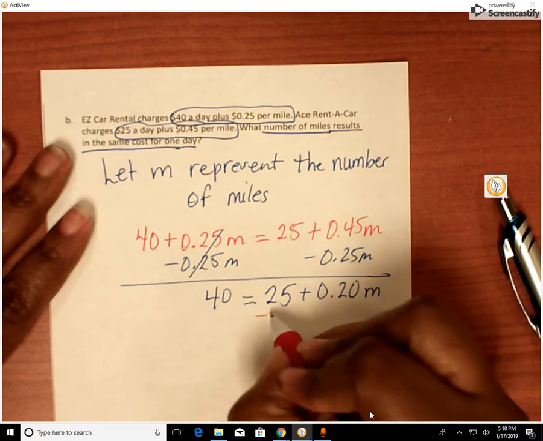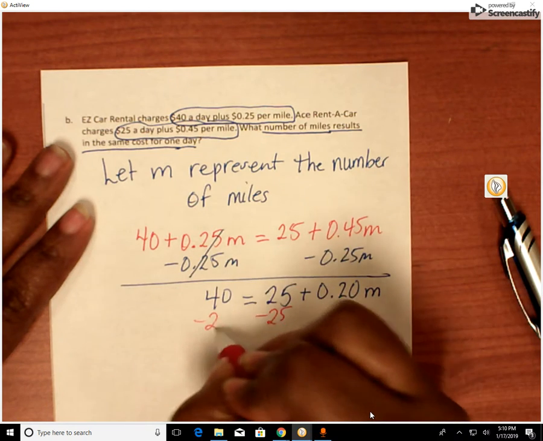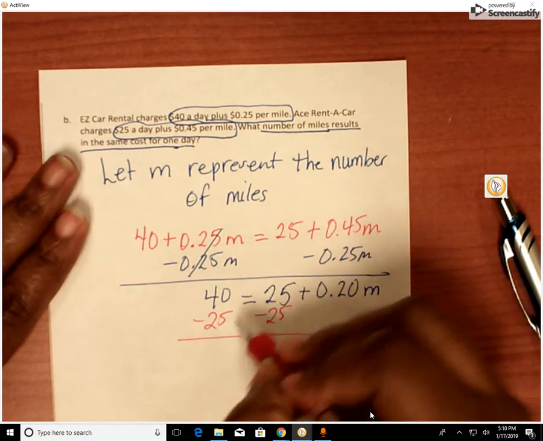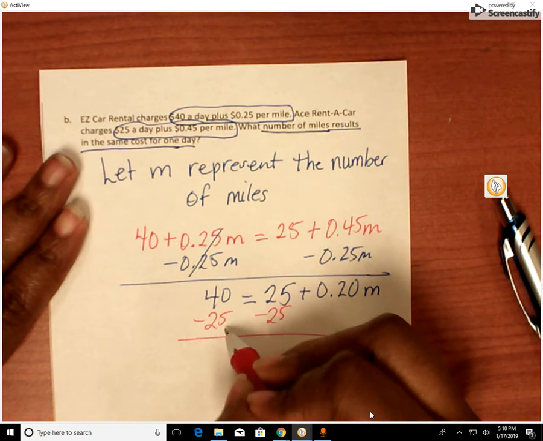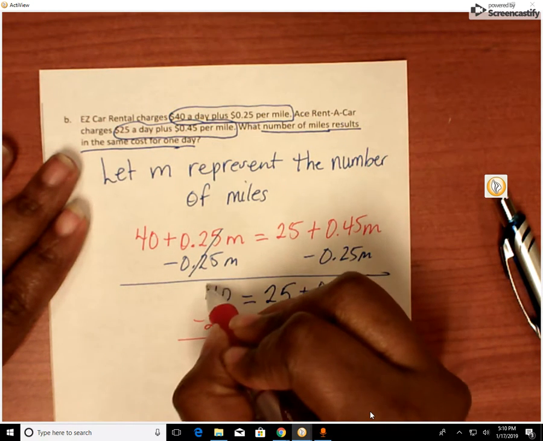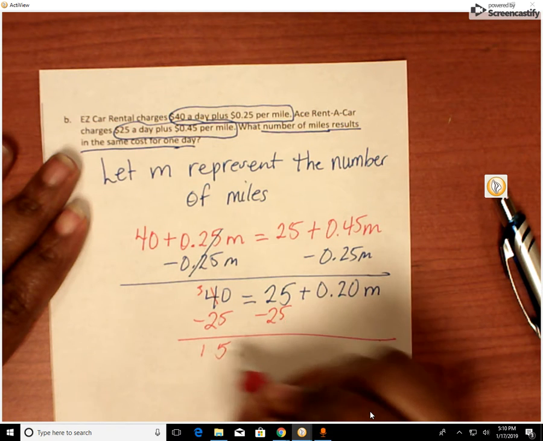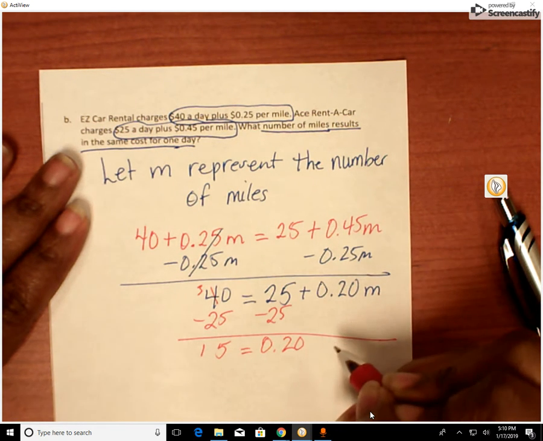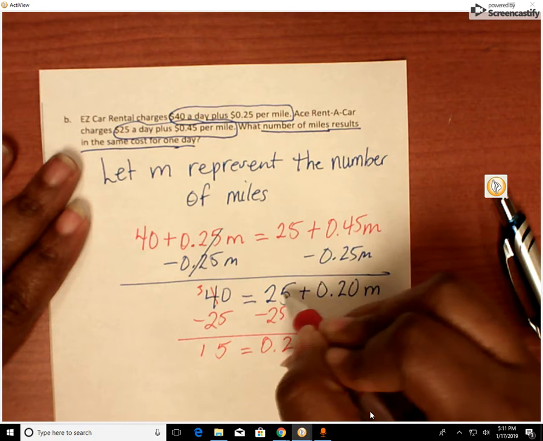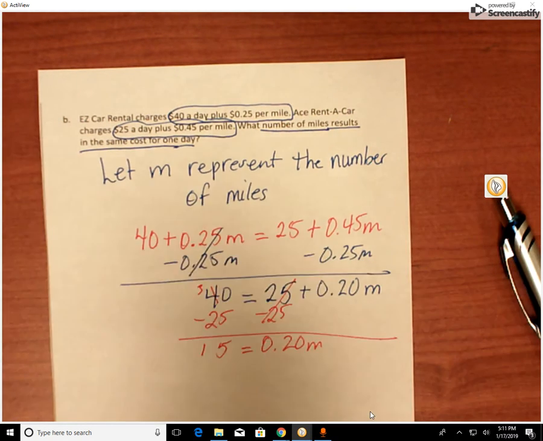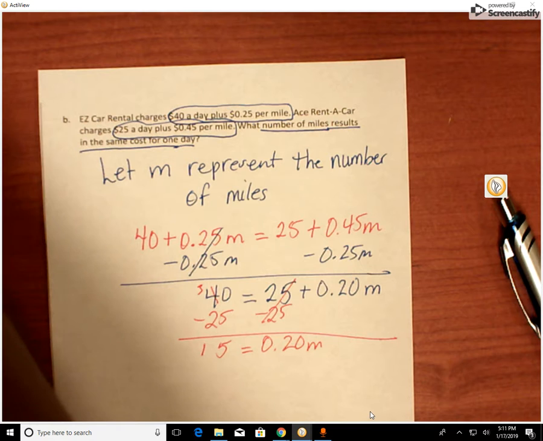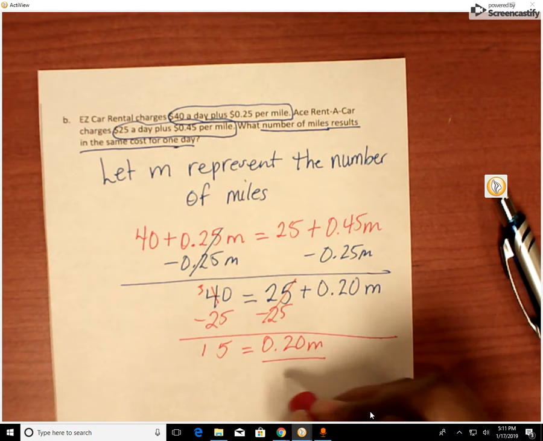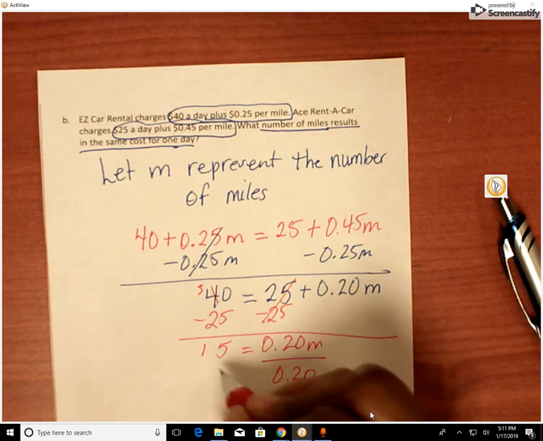So now we're going to subtract 25 from both sides to get our constants on that left side of the equal sign. 40 minus 25, it's going to give me 15. And then we bring down 0.20M because 25 minus 25 equals 0. Now, 0.20 is the coefficient.